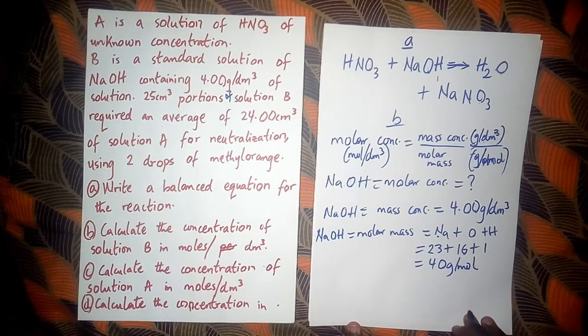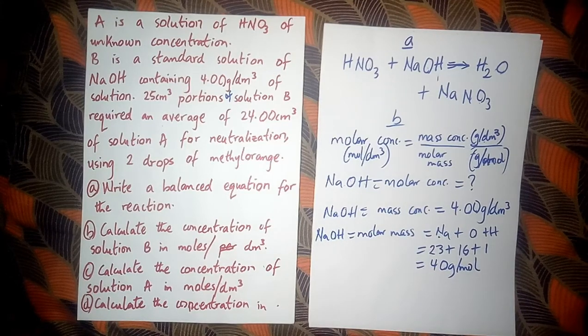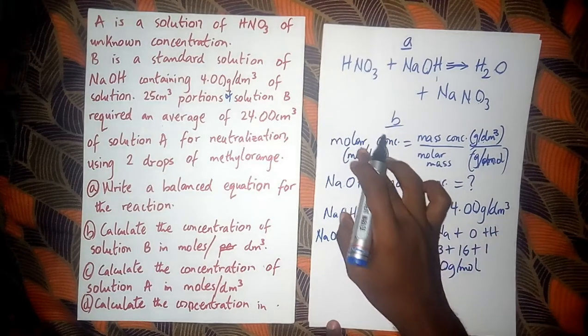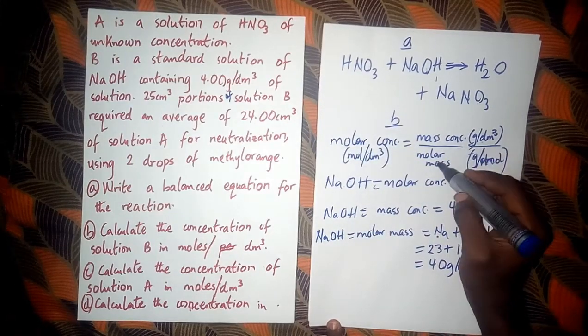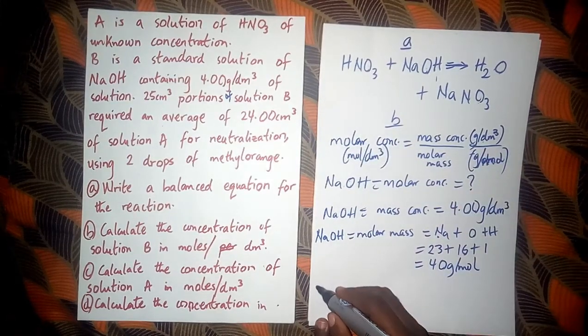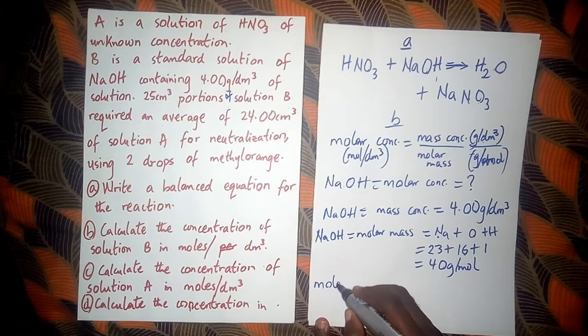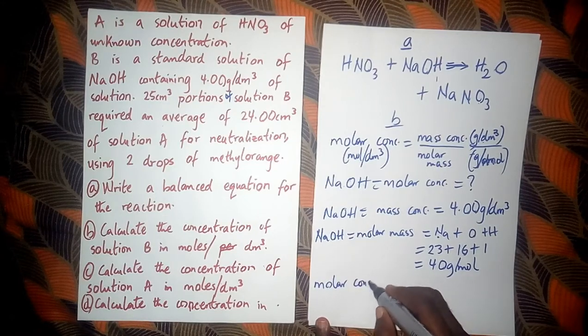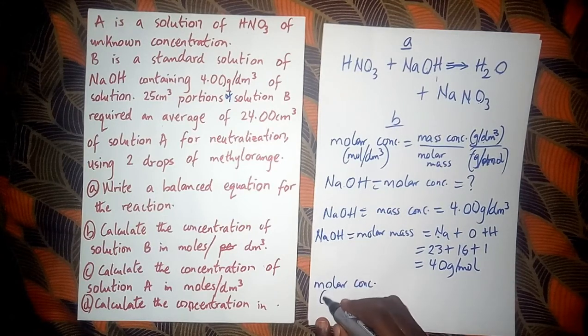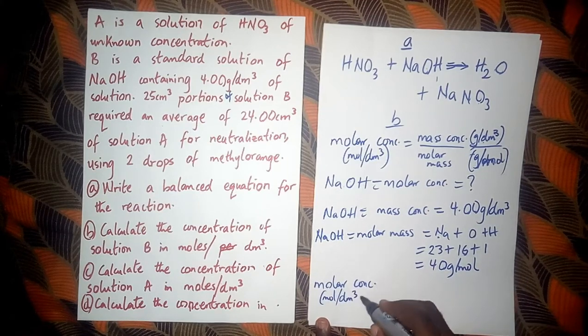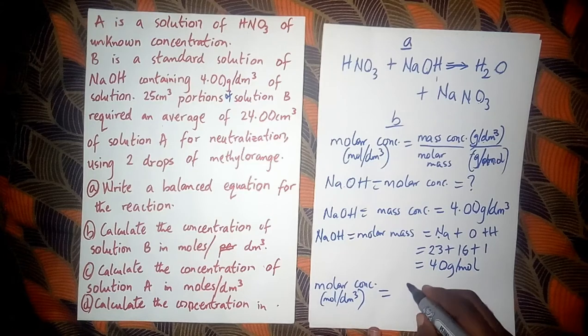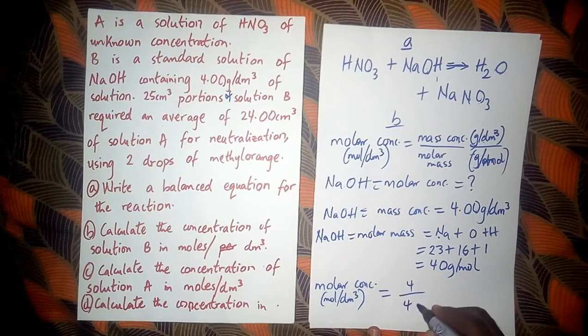Now our molar concentration is mass concentration over molar mass. So the molar concentration, which we are looking for, in mole per dm cube, is 4 divided by 40.